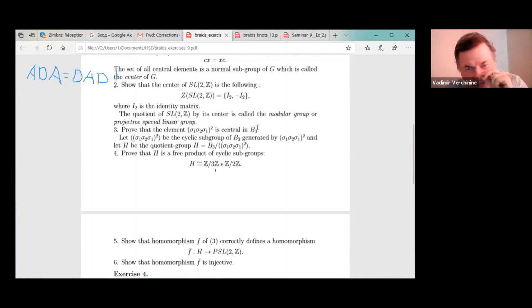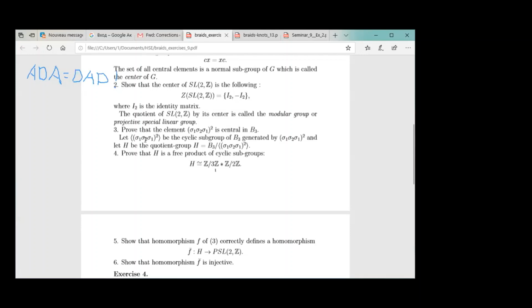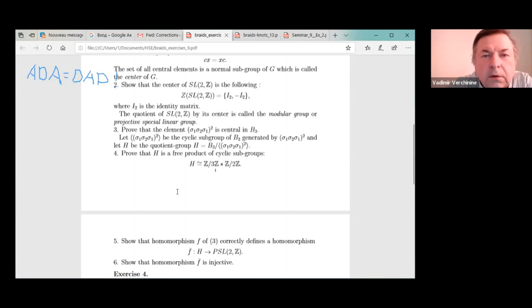This element is central in the braid group. And then we can also map it to the center as if it is central.